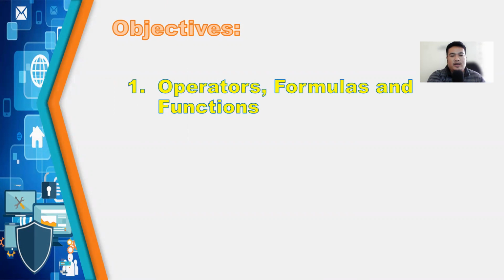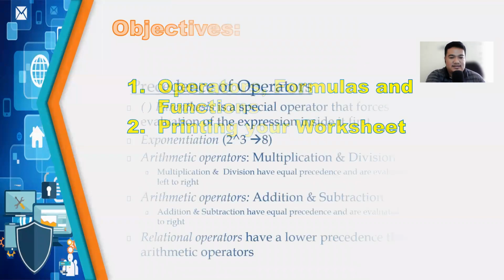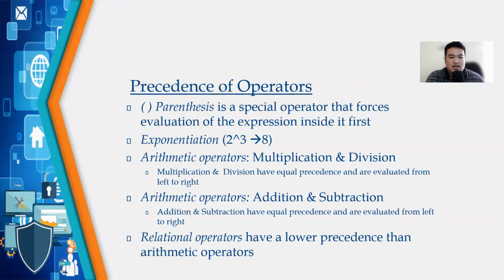First, we are expected to study and practice the Microsoft Excel operators, formulas, and functions. Another objective is that we are able to print our worksheet in the Microsoft Excel application program. So let's begin our discussion.